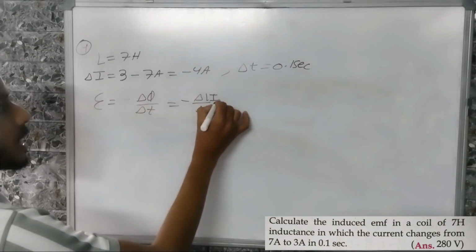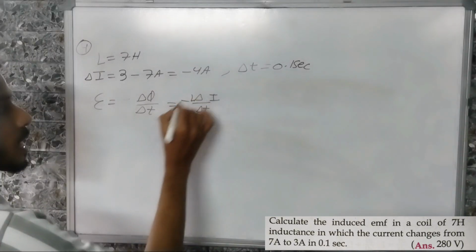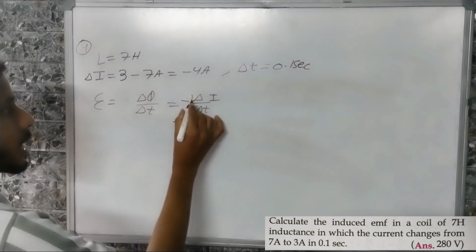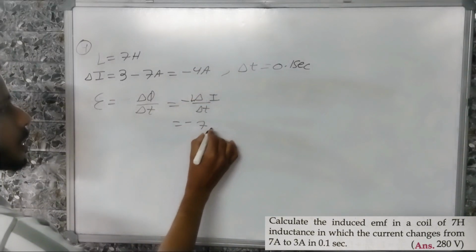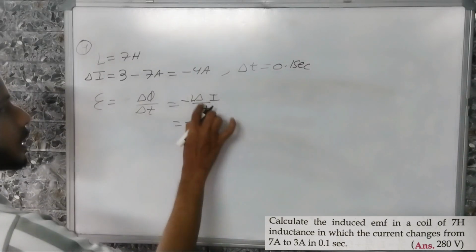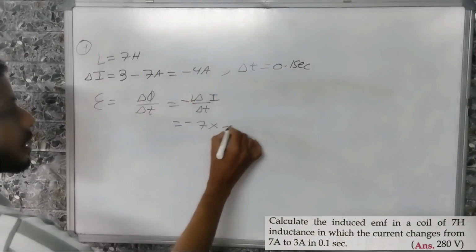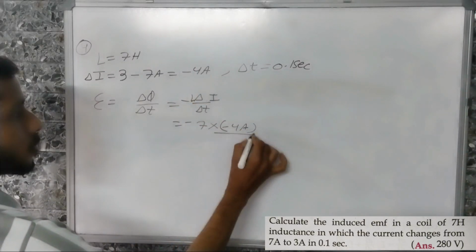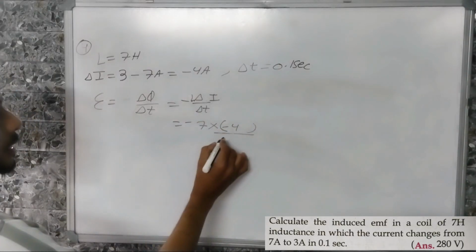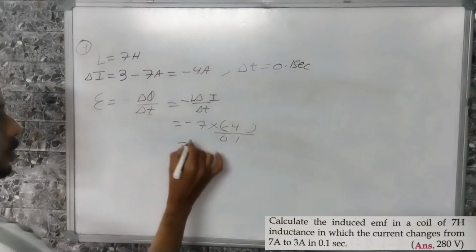phi is Li, L is a constant, so minus L, in place of L put 7, into del I put -4, by del t put 0.1.